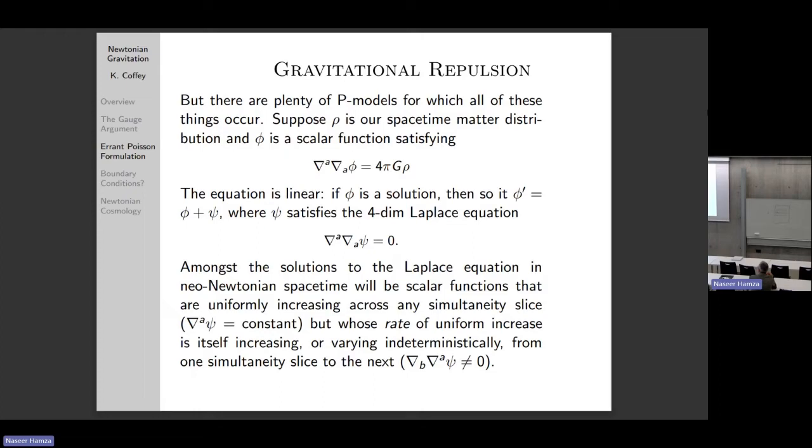And amongst those solutions, there will be plenty of scalar functions that are uniformly increasing across any simultaneity slice, but whose rate of uniform increase is itself increasing or varying indeterministically from one simultaneity slice to the next.